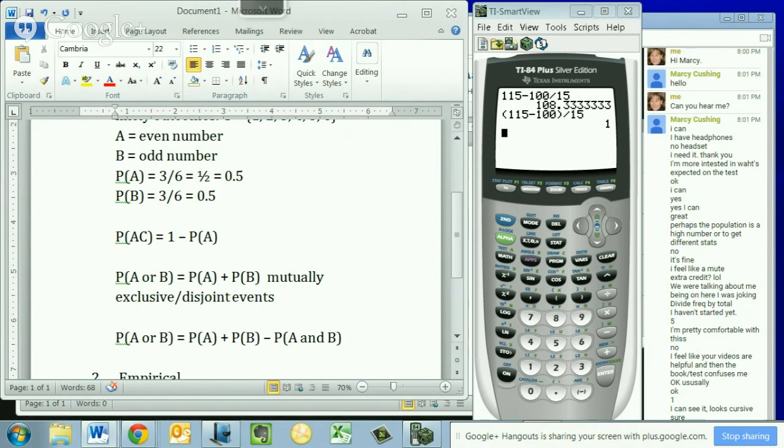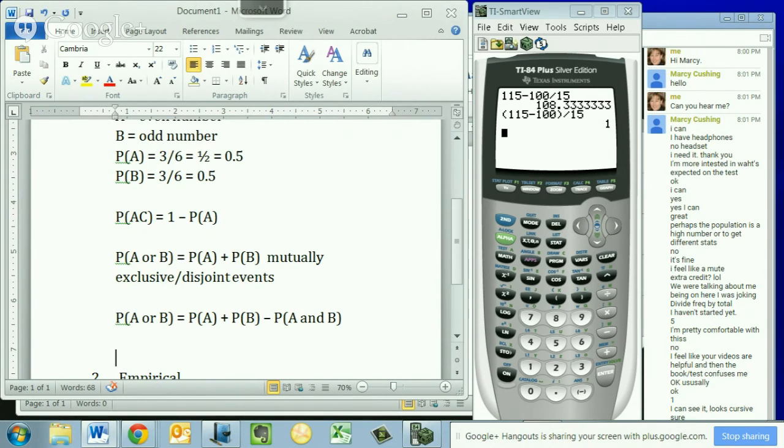We also looked at the multiplication rule. And the multiplication rule is used for probability that one event and another both occur. And we looked only at the multiplication rule for independent events, I believe.